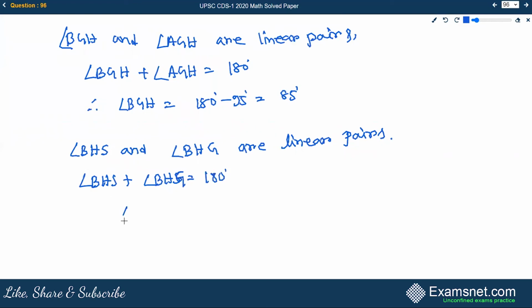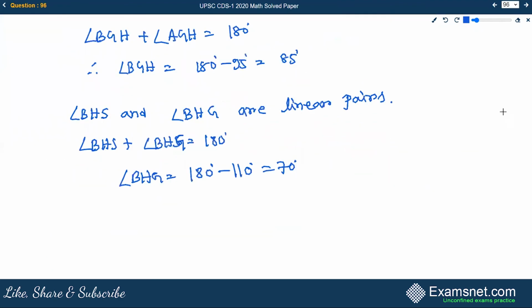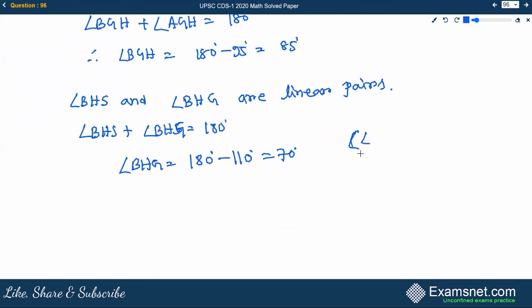So from here I can write angle BHG is 180 degrees minus 110, that is 70 degrees, correct? So this is 70 degrees since the other angle is 110 degrees.